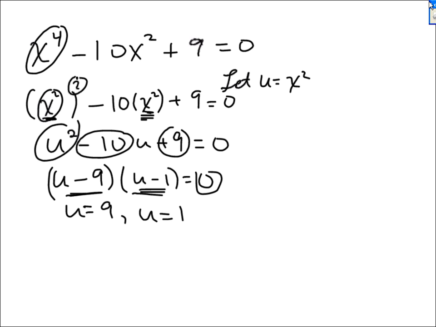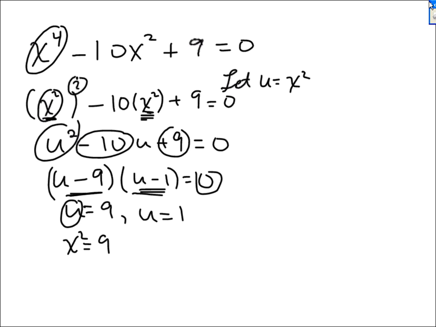Now, you might be right, you might be wrong, but this person will never know, because you never told them u equals x squared. Maybe you let u equal x plus 3 squared, or x squared plus 1. But nonetheless, you really shouldn't even tell them what u equals. U is really x squared.